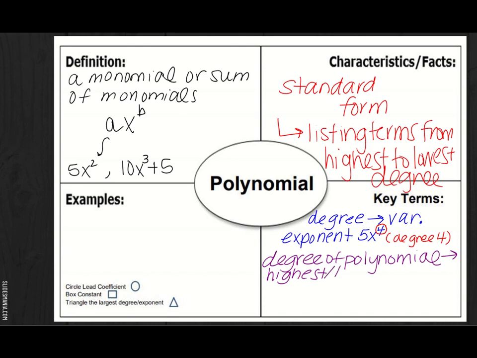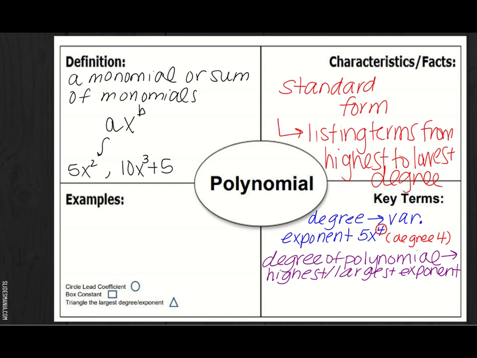We'll look at some examples of this. So those two go together. Degree is the exponent of a variable, where the degree of a polynomial is the largest exponent out of any of the terms that you have.